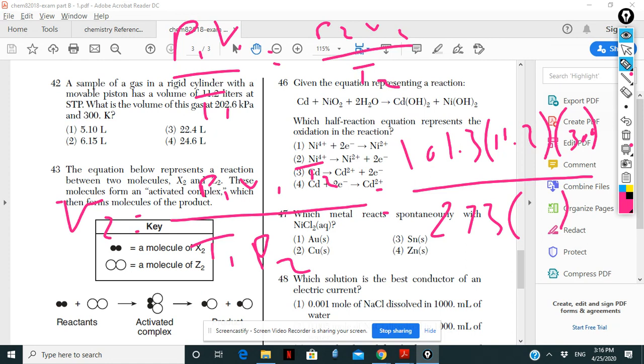The new pressure is 202.6. Now I need to do the calculation: 101.3 times 11.2 times 300, divided by 273, and again divided by 202.6. It's giving me 6.153. So the answer is 2.